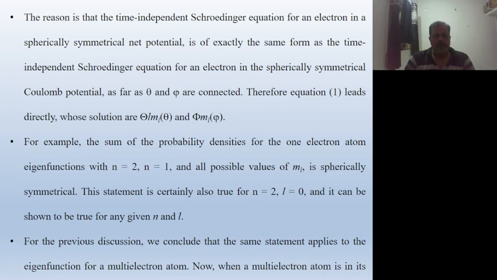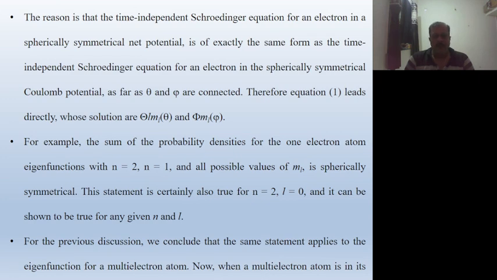This means that this statement is certainly also true for n equal to 2 and l equal to 0, and it can be shown to be true for any given n and l, meaning principal quantum number and orbital quantum number. From the previous discussion, we concluded that the same statement applies to the eigenfunctions of a multi-electron atom.